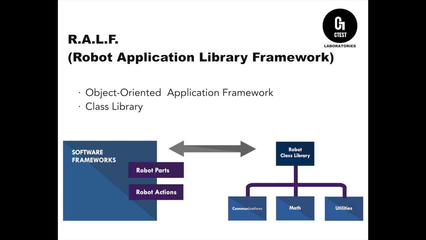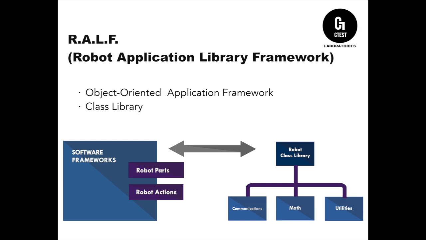And the other aspect of RALPH is a class library. It's an object-oriented class library. Some things that aren't necessarily a part of the robot application framework, but that framework depends on: various math libraries, communication libraries, physics libraries, chemistry libraries, utilities of all kinds, unit conversion utilities, those kinds of things.